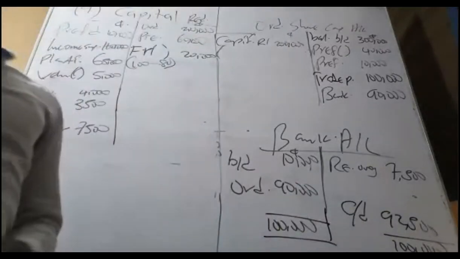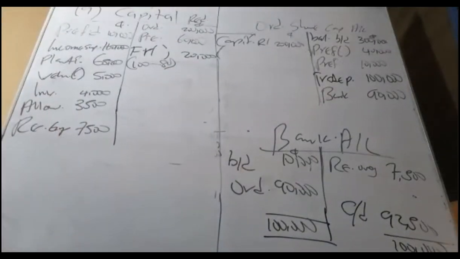So in the new balance sheet, the bank account figure must be 92,500.